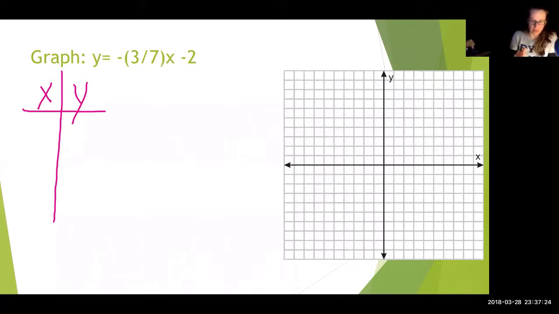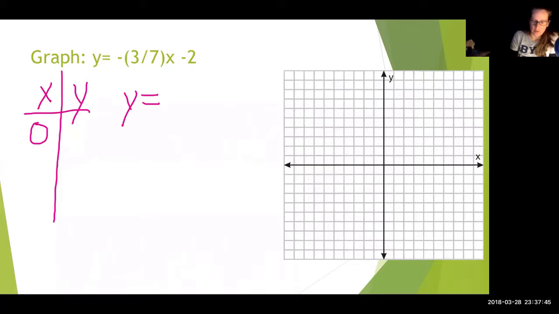You can even do it the other way around: put in y's and find out what the x is if you wanted to. But I'm going to pick out some easy numbers. This x is sitting right by a fraction, so I'm going to pick 0 for x.